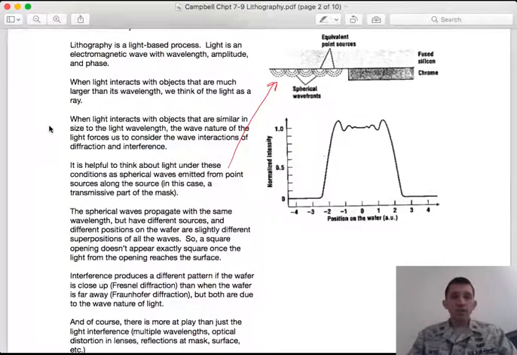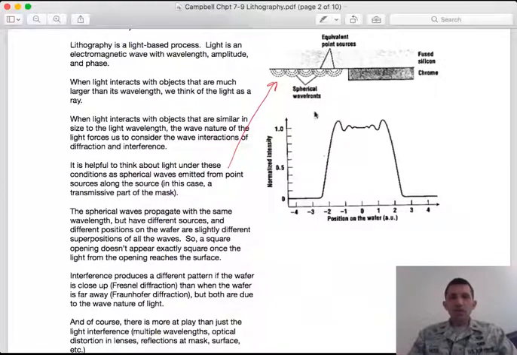And in that regime, the ray tracing model breaks down because the wave nature of the light inserts itself and becomes one of the dominant factors. And so when light is interacting with objects or openings that are similar in size to the wavelength, we have to consider the wave nature of light and thus diffraction and interference, right?